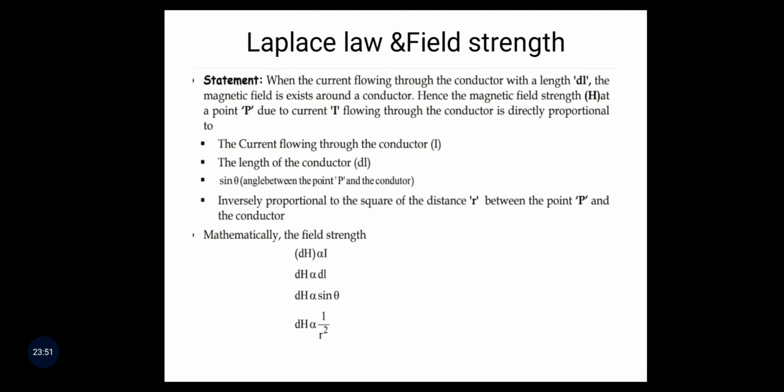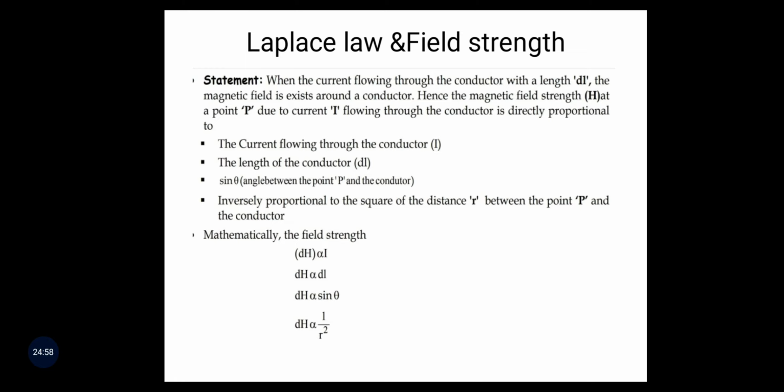Hence the magnetic field strength H at point P due to current I is directly proportional to the current I, the length of the conductor dl, and sin theta, the angle between the point P and the conductor, and is inversely proportional to the square of the distance r between the point P and the conductor.